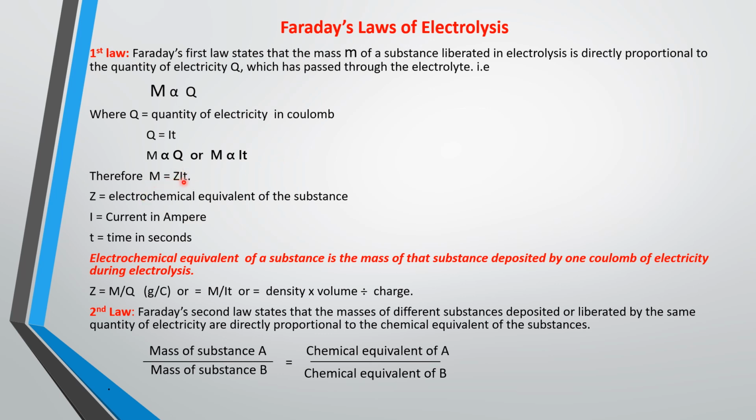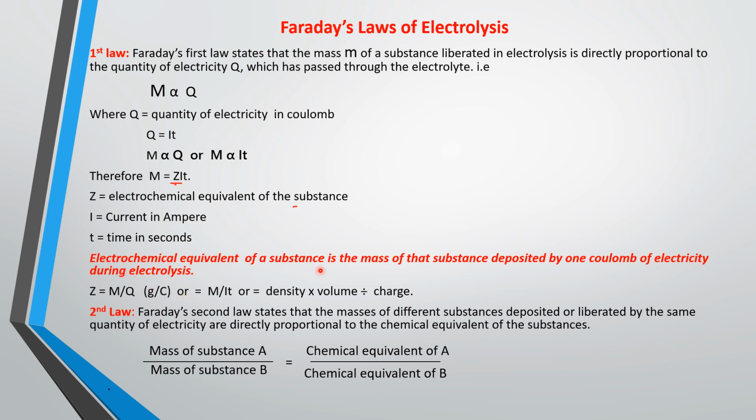Now the constant of proportionality, which is Z, is known as the electrochemical equivalent of the substance, where Z is the electrochemical equivalent of the substance, I is current in amps, and t is time in seconds. Electrochemical equivalent can be defined as the mass of that substance deposited by 1 coulomb of electricity during electrolysis.